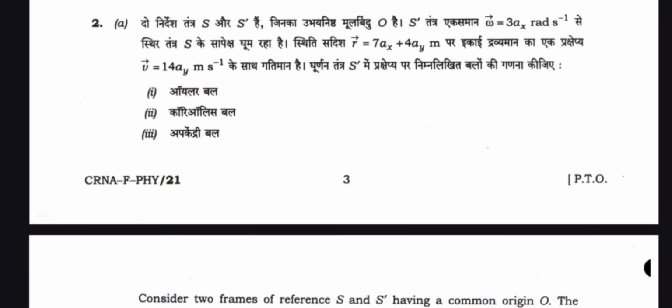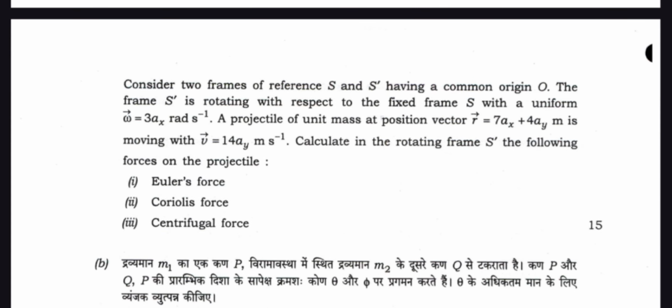So this is question number 2 here. Consider the two frames of reference S and S dash having common origin O. The frame S dash is rotating with respect to the fixed frame with a uniform omega equals to 3ax radian per second, and a projectile of unit mass has position vector r is equal to 7ax plus 4ay meter and is moving with v is equal to 14ay meter per second.